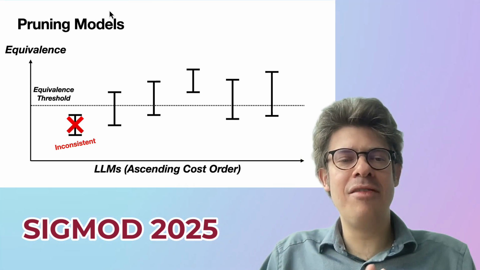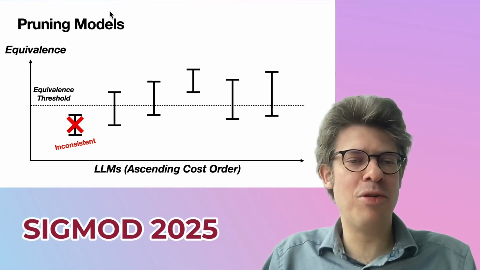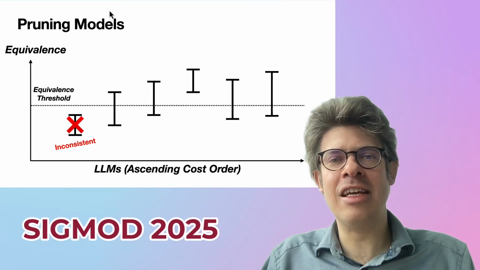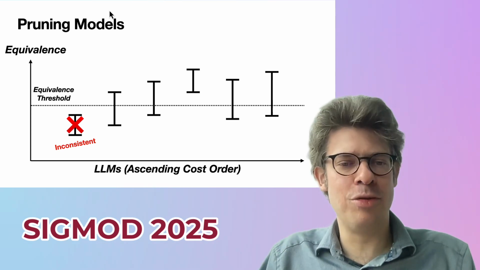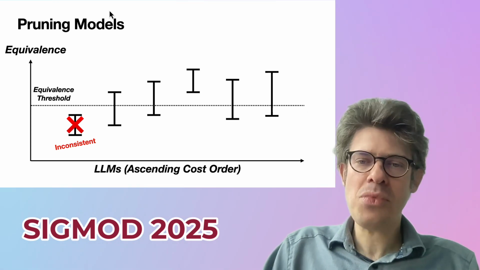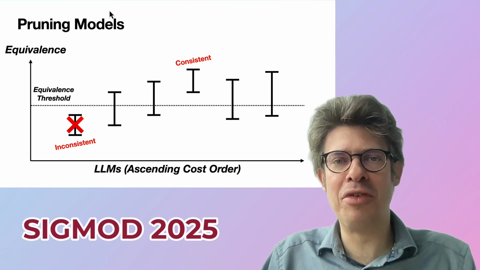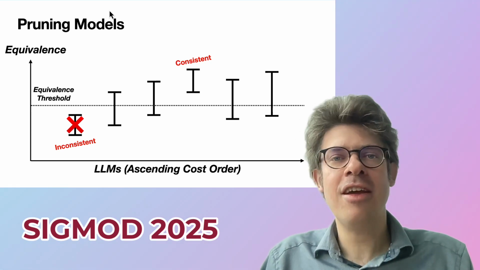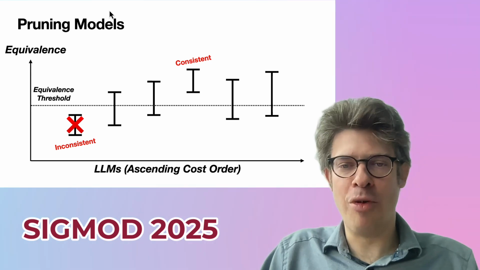And here clearly we have one model that is not interesting because it doesn't produce output that is sufficiently often equivalent to the reference output. On the other side, there is a model where we already know that it produces output that is quite consistent with the output of the reference model.